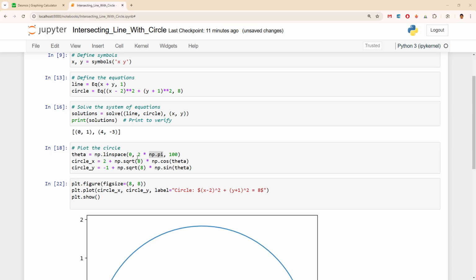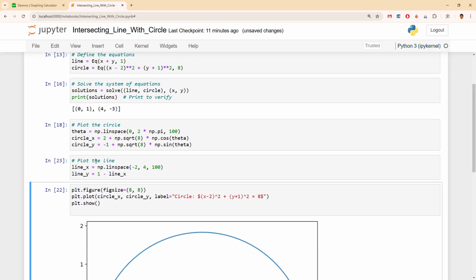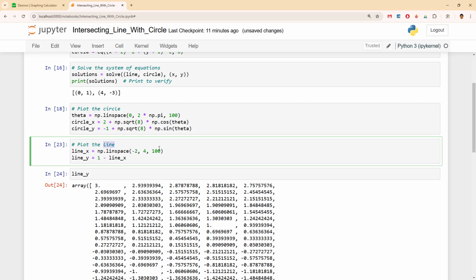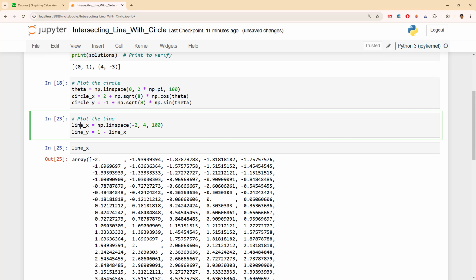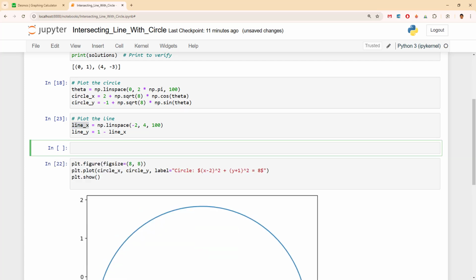But we need to also draw the line. So let's plot also the line, plot the circle, done, plot the line. I mean this is line X and line Y, so to say. We have a lot of points for line Y, 100, and the same amount for line X. This is how actually we tell Python that we will be plotting stuff.